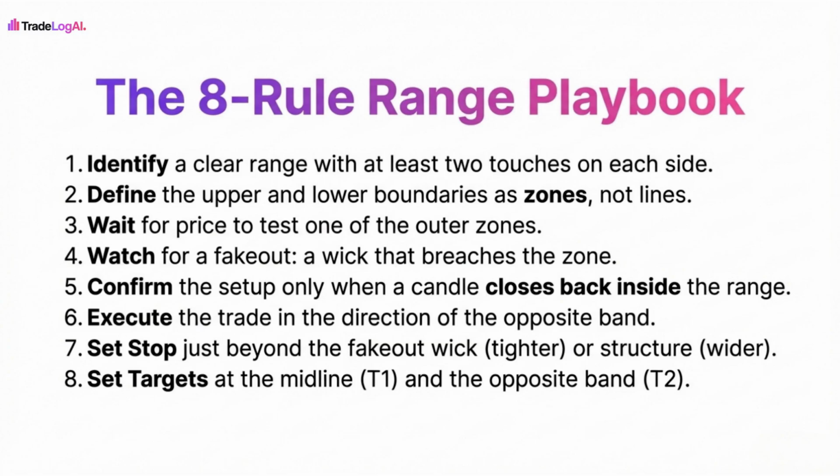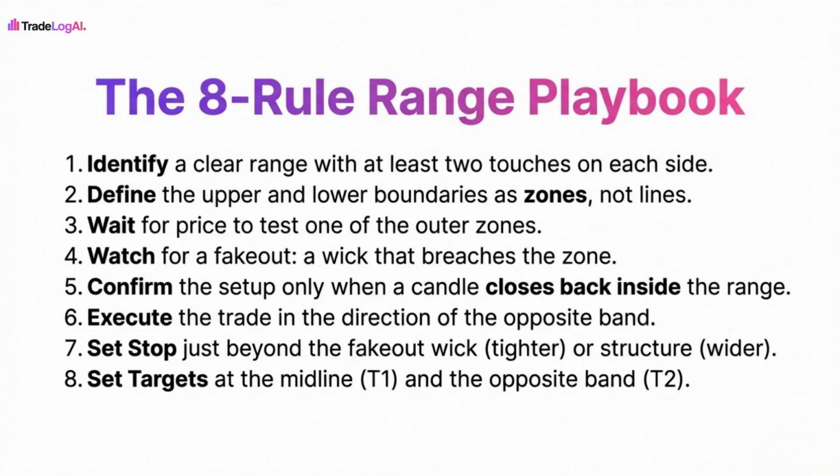Here's the full system. 1. Identify a clear range with at least 2 touches on each side. 2. Define upper and lower boundaries as zones, not lines. 3. Wait for price to test an outer zone. 4. Watch for a fakeout, typically a wick that breaches the zone. 5.